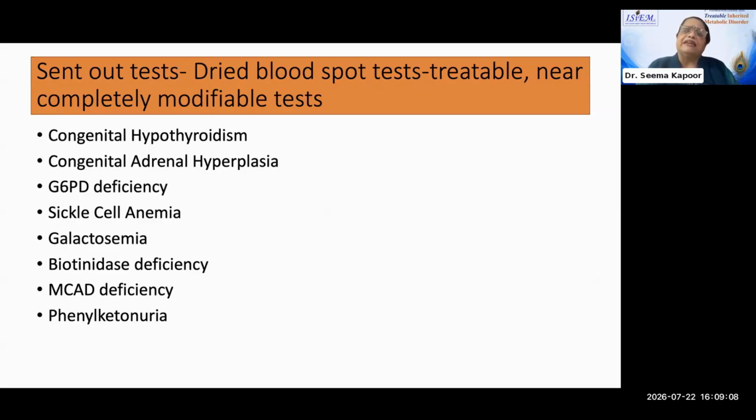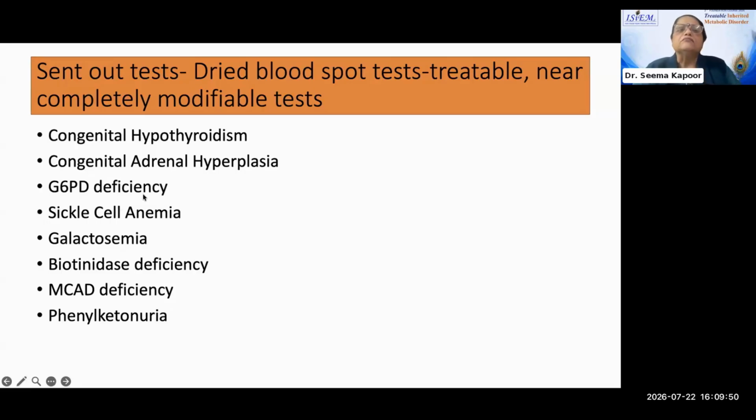So what are the types of tests that you do? If you broadly look at the tests, there are some tests which are conducted on the filter paper, which are called sent out tests. These tests you send out because they are done at another laboratory which is not close to your house, maybe regional or maybe district level. In these, the common disorders that you check are congenital hypothyroidism, congenital adrenal hyperplasia. Now, there are areas in which G6PD is deficient, and there are areas in which sickle cell is common.